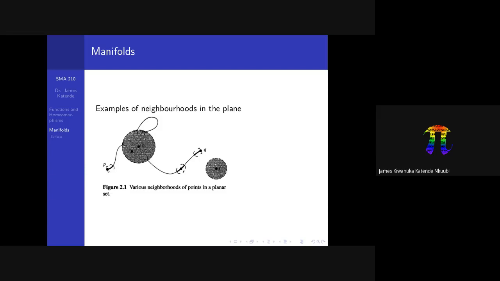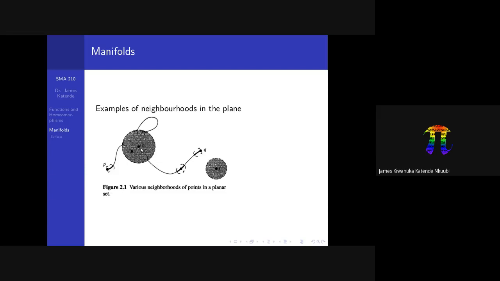So we must stick to the points that are in the set. Anything outside the 3 lines and the 3 isolated points is not part of our set. We measure a distance of epsilon from the point P, and when we cut it out, this highlighted section, the part that is darker, becomes your neighborhood of P.